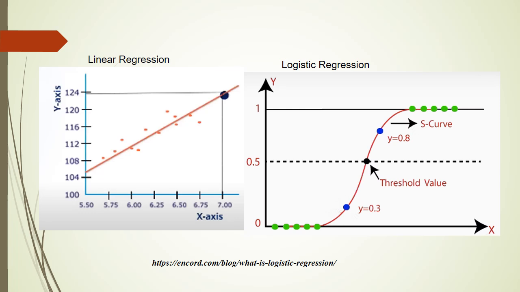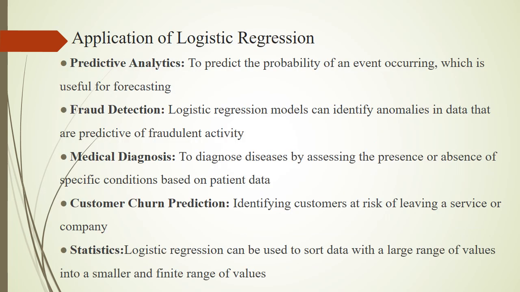Like y equals 0.8 for a certain value on the independent variable, and likewise y equals 0.3 for a certain independent variable. So the main difference we can see here is that for logistic regression we have 0 to 1 on the y-axis, that's a probability distribution, and the threshold value is 0.5. Unlike this, linear regression doesn't have this because it is a continuous graph.